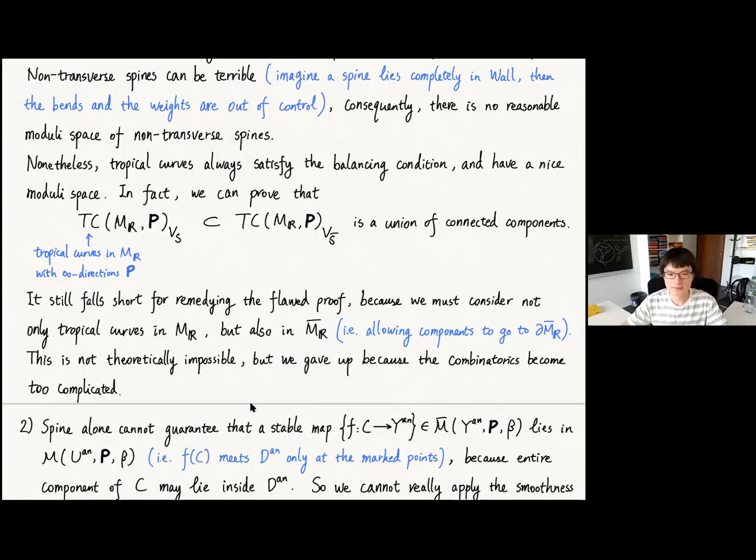That is, we cannot just use spine to impose that our stable map meets the boundary D only at the marked points, because entire components of our curve C may lie inside the boundary.